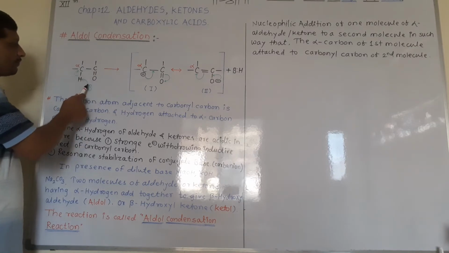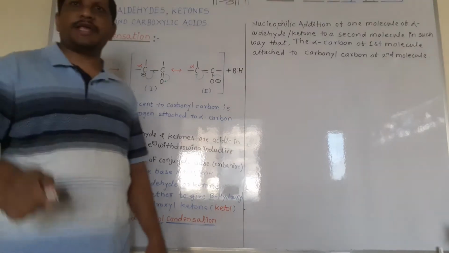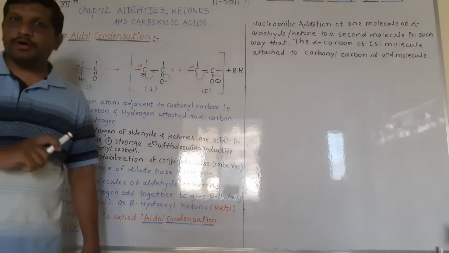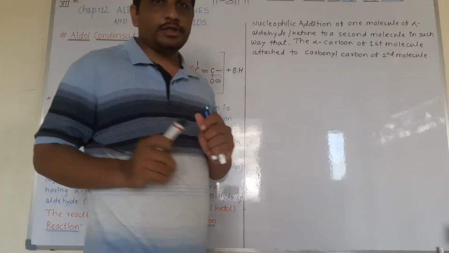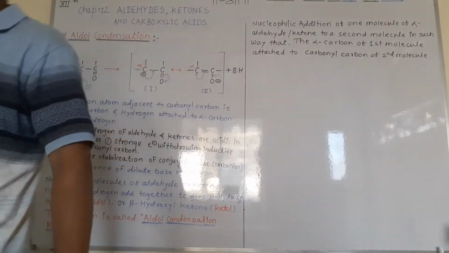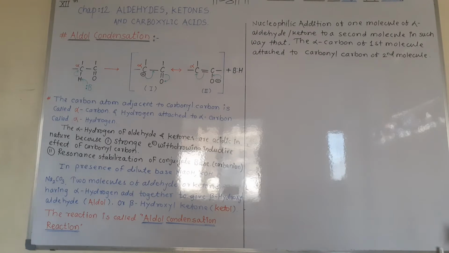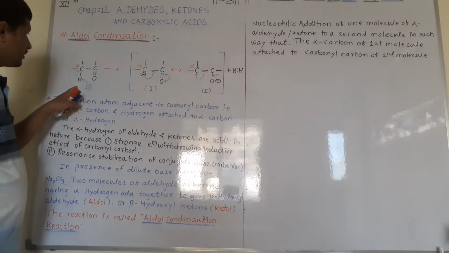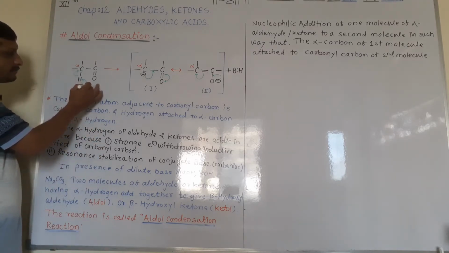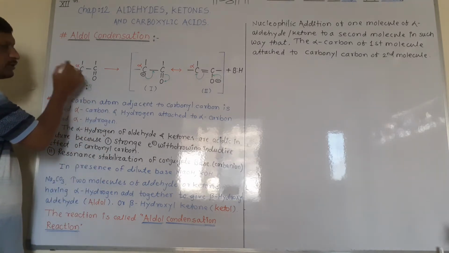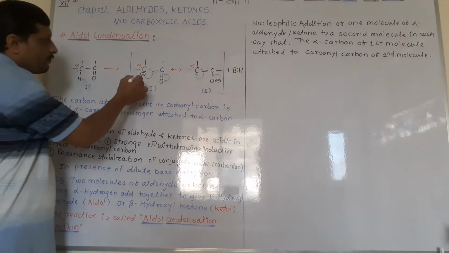Now see here, this aldol condensation reaction takes place in the presence of dilute base NaOH, sodium hydroxide, KOH, and Na2CO3, and that's why this hydrogen is abstracted by the base, and this single bond shifts to the alpha carbon to form the carbanion.